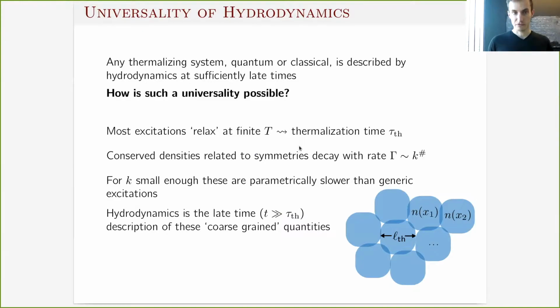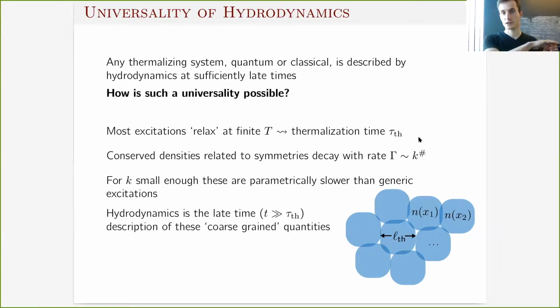But the intuitive explanation is that at finite temperature, in an interacting system, most excitations relax at a time scale that I'll call the thermalization time. So if you wait for a long time, you're not left with much and your system becomes simple. The only stuff you're left with are things that can't relax because they're conserved. For example, the total charge in your system cannot change.